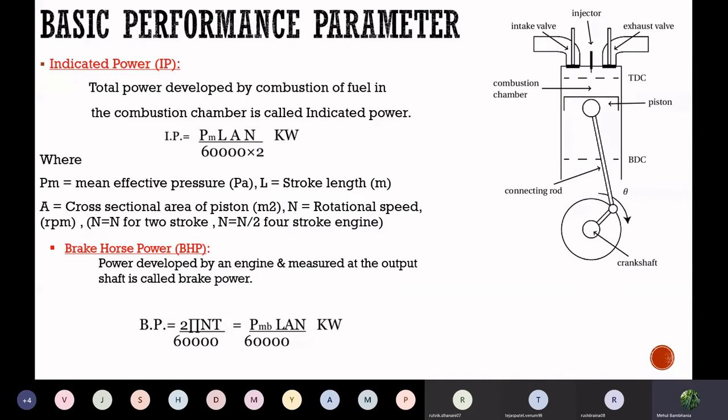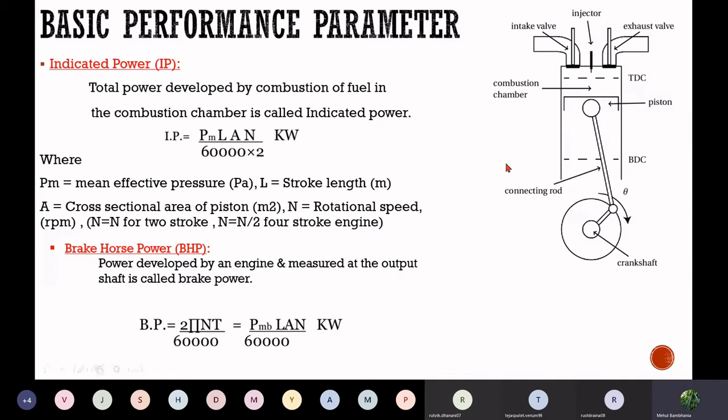So that is the reason why, in the 4-stroke, we divide by 2. Within the 4-stroke we have one power cycle in the 4-stroke engine. That's why it is divided by 2.